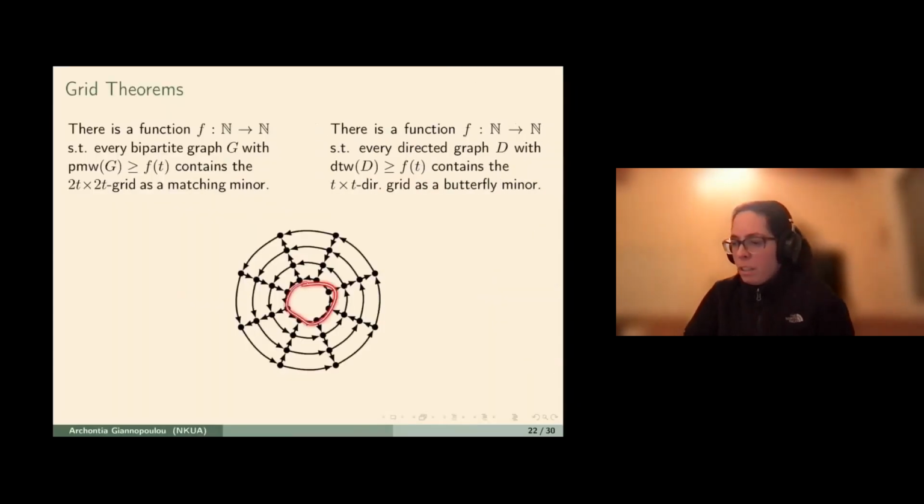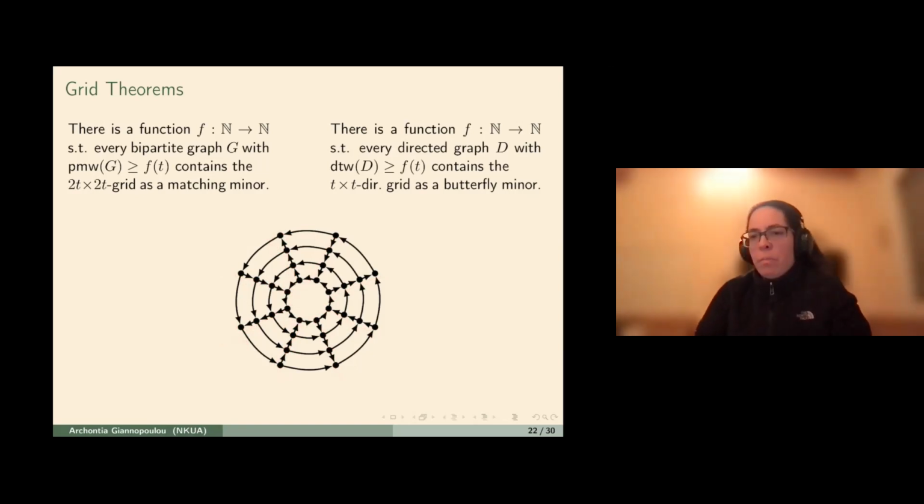Basically, we've got t concentric circles all going in the same direction, and we've got 2t paths crossing them, which are, however, alternating in direction. They're going down, up, etc.